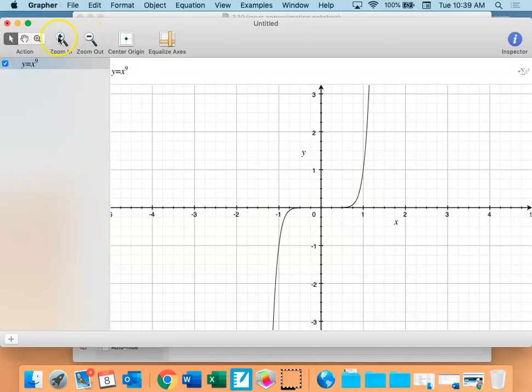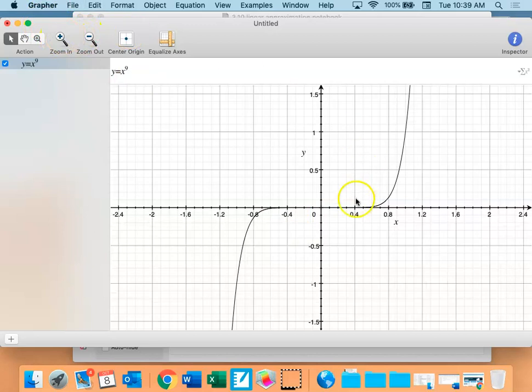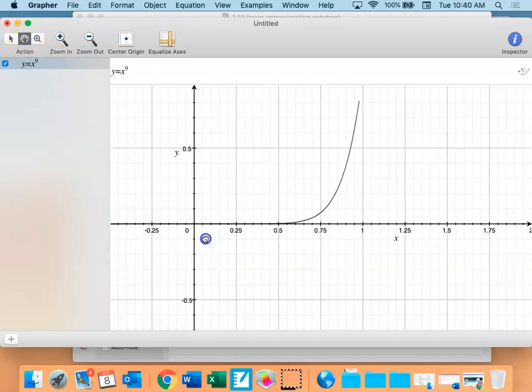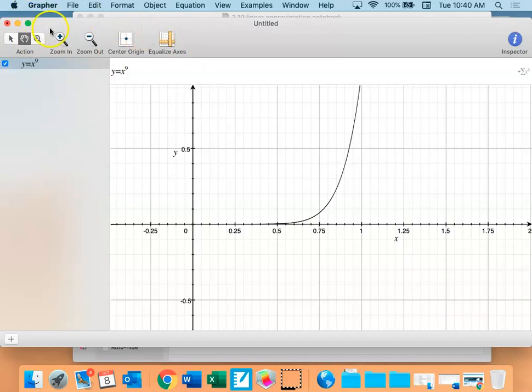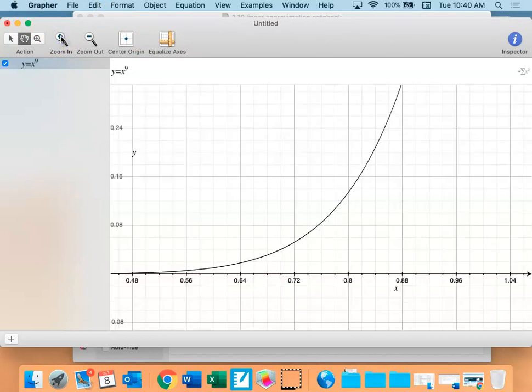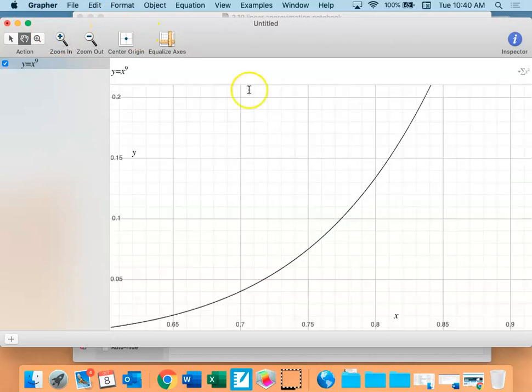I'm going to zoom in. Still looking at this spot right here. I'm going to zoom in a little more, and shift this over a little bit. I'm going to keep zooming in. Still nice and curvy, right? It's a pretty curvy function. Zoom in a little more.